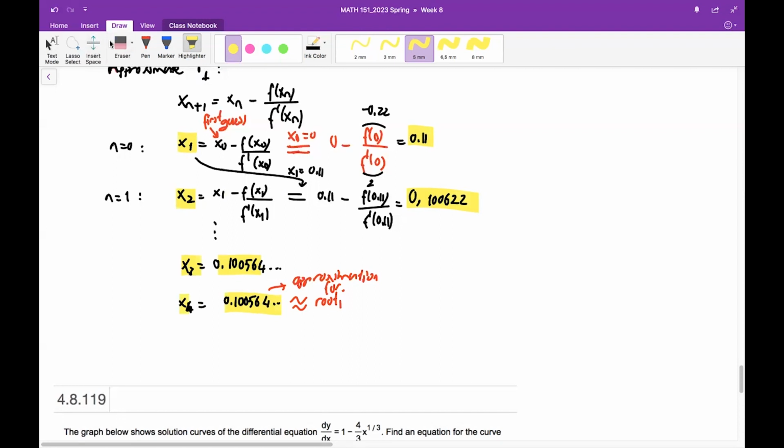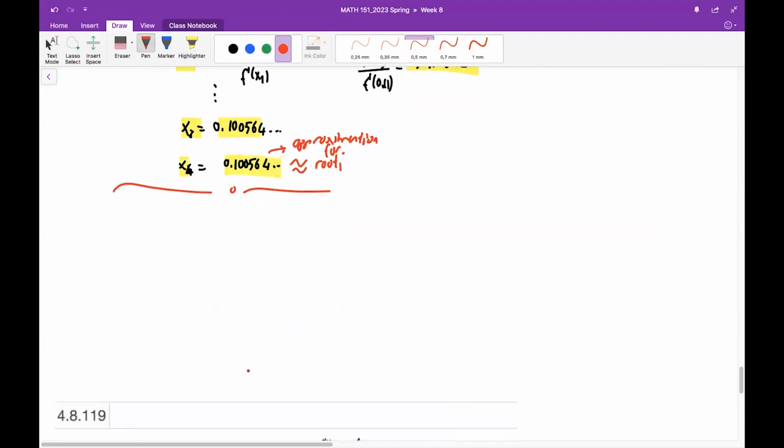Now you can do the same process for root 2. Let's also compute some approximations for root 2. We will be using the same procedure, and you need to choose an initial guess.